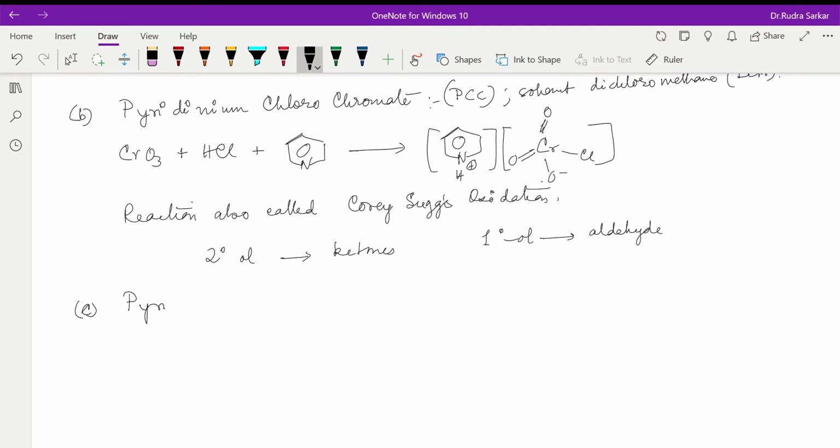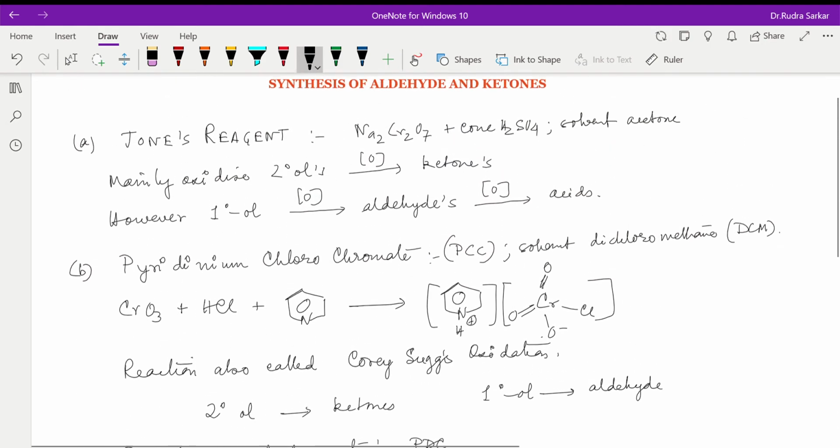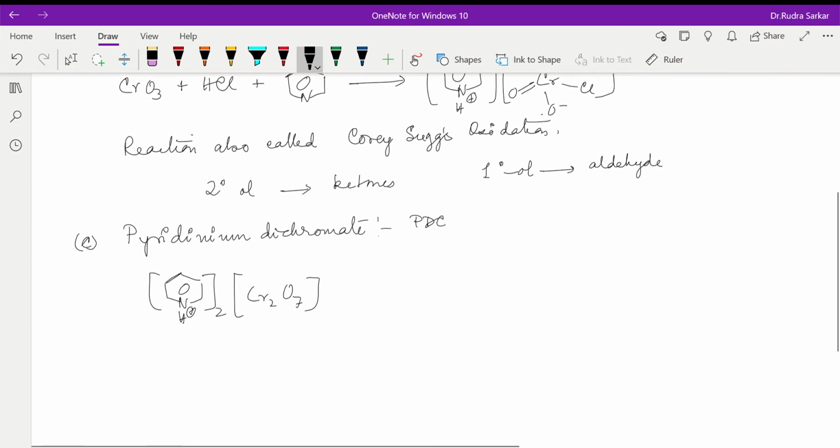Another reagent that is used is called pyridinium dichromate, abbreviated as PDC, and the structure is something like this. So you can think that instead of sodium, we are having 2 pyridinium ions.